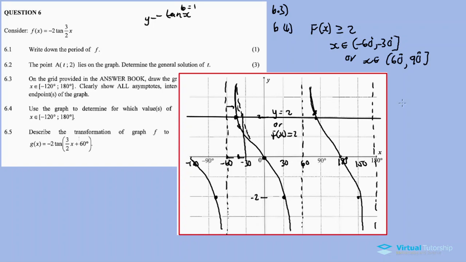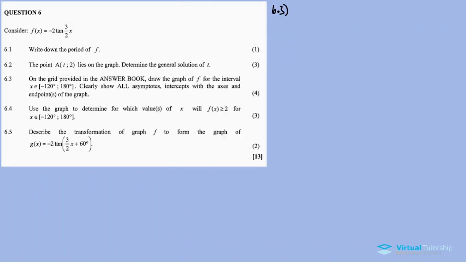Let's see what we do with g of x here. I think erase here, so that we see our 6.5 clearly. 6.5 says describe the transformation of graph f to form the graph of g of x. Obviously this one, plus 60 degrees, is a shift.